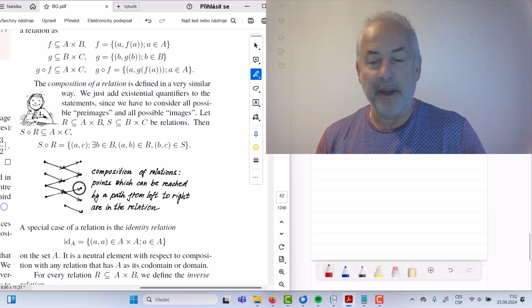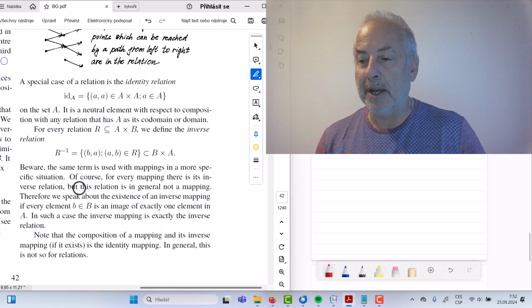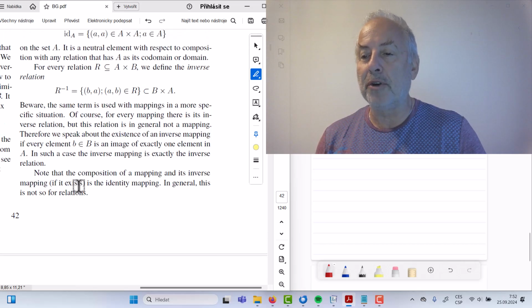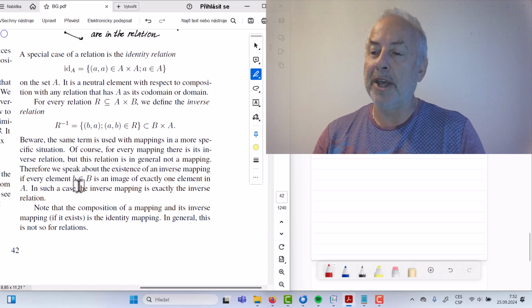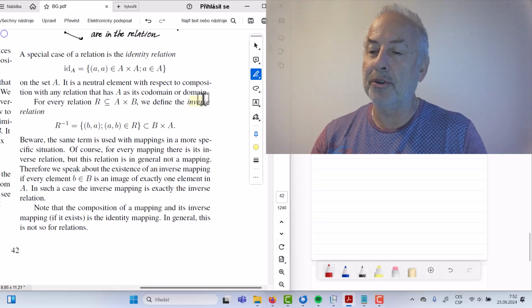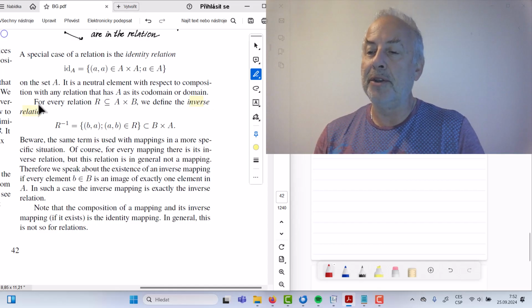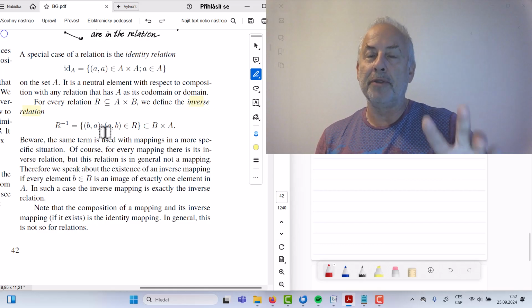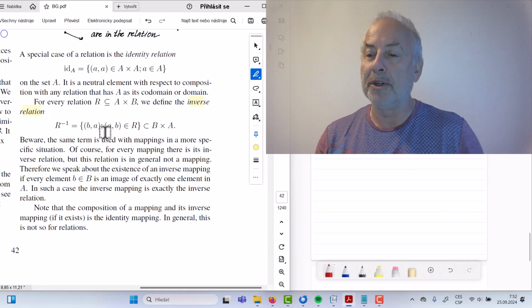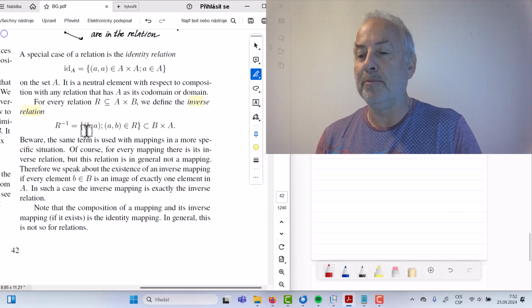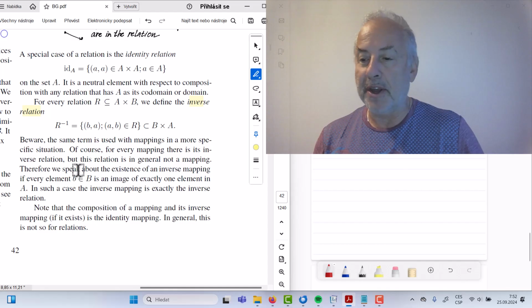So it's again a very, very simple idea. And you also have got the inverse relation. So every relation has got the inverse, and the inverse relation is built in such a way that we simply swap the order. So instead of AB, we write BA. So that's again very straightforward.